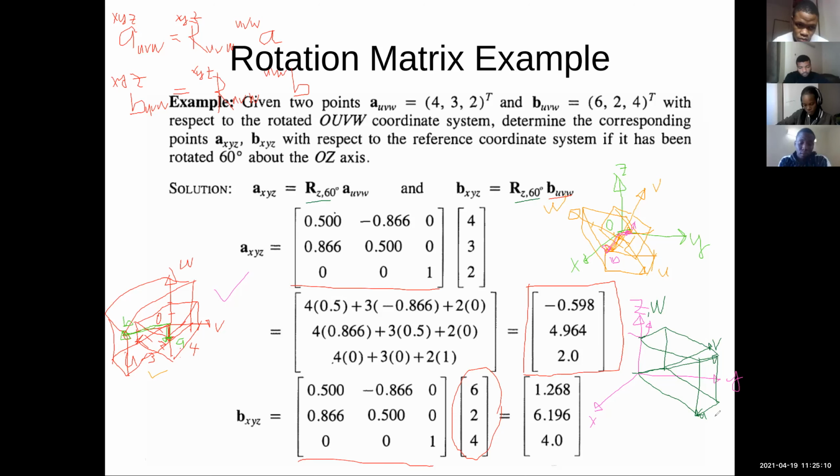Now this is 6, 2, and 4. If that is 6, 2, and 4, then what is it in the X, Y, and Z axis? The Z axis will still be the same. The Z axis will be 4, no change. What about the X? This is 60 degrees.